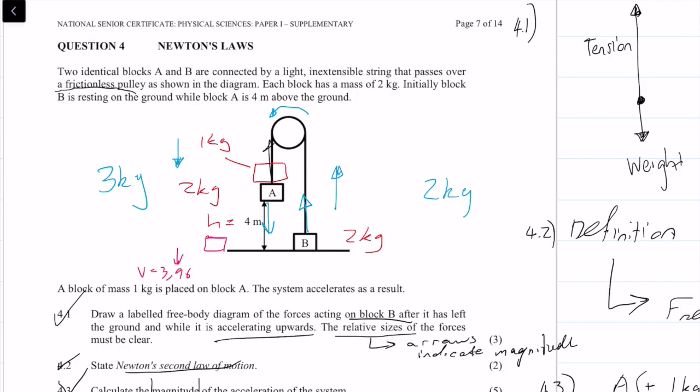That means that when B reaches 4 meters, it has a velocity of 3.96. So basically we can do a conservation of mechanical energy from this point here. Let's clean this up a little bit. We can call this our datum point, and work from there.